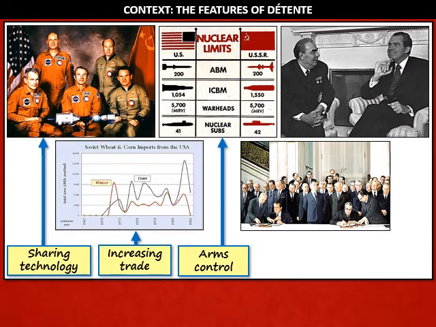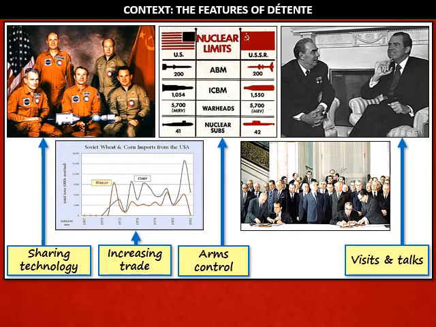A focus on arms control and all the various categories of nuclear weapons. Reciprocal visits and talks between the leaders, with visits to each other's capitals. And probably most importantly, a series of international agreements. And it's those agreements that we're going to really focus on.